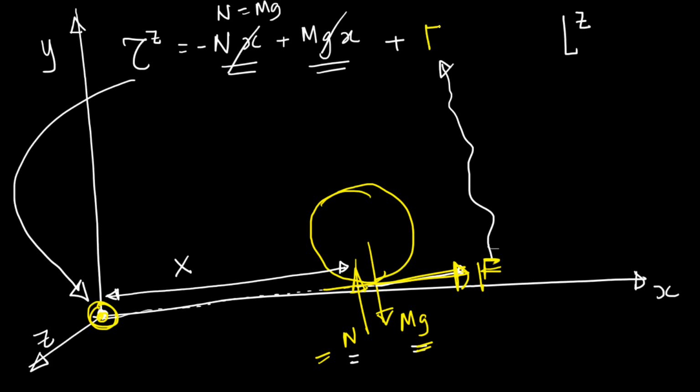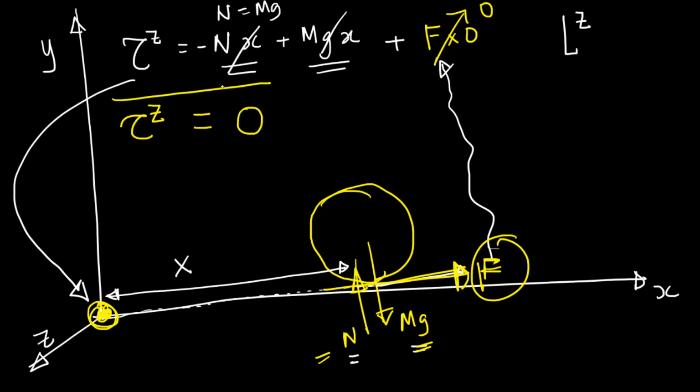Now plus F into 0, that is the perpendicular distance from the axis is 0, and the torque about this origin for F is 0. So the total torque is 0 at that instant of time.